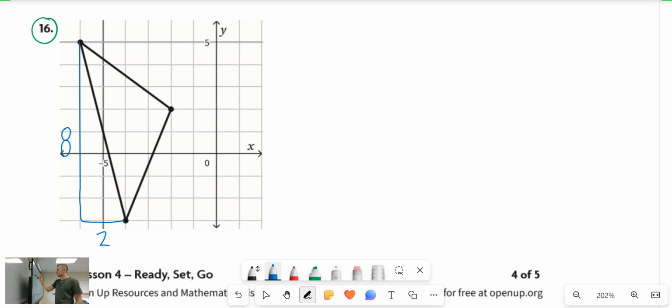We can do that out. 8 squared plus 2 squared equals, let's use c here, c squared. 8 squared is 64, plus 2 squared is 4 equals c squared. So we get 68 equals c squared, and then the square root of 68 equals c. So this portion here is the square root of 68.